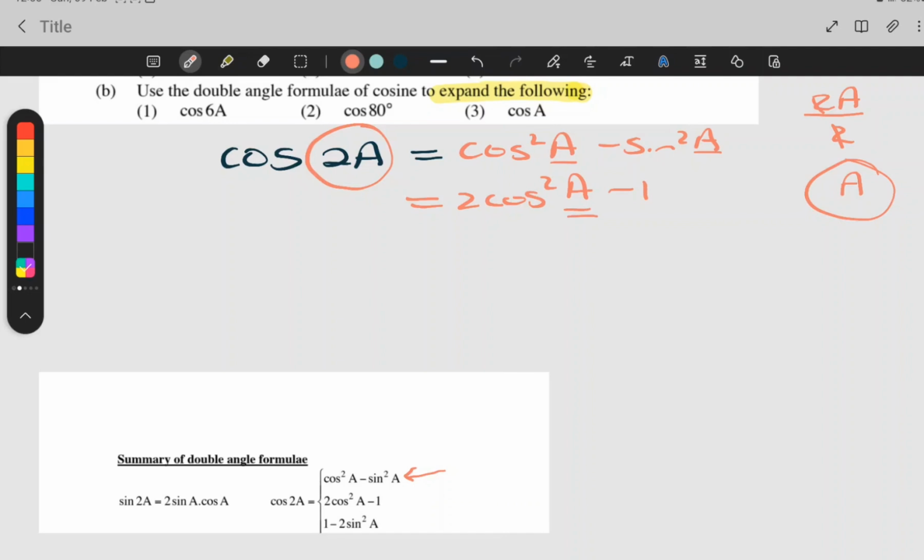This A comes from this A that we worked out. Or you can write it as 1 minus 2 sine squared A. You can use any one of these, but eventually you have to choose one when we get to complicated questions. For now, we are just practicing.